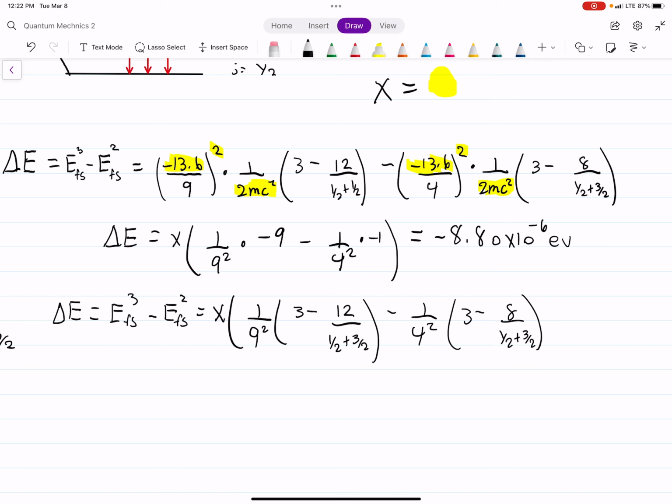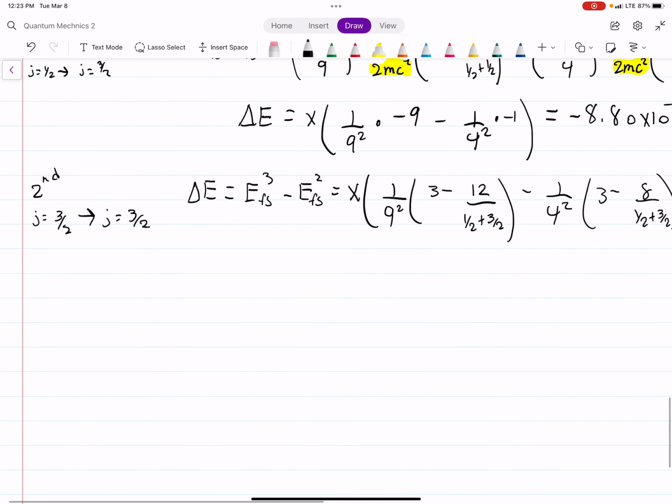So it gets a little repetitive here, but that's okay. When you plug this in, you're going to get 4.61 times 10 to the negative 6 electron volts.